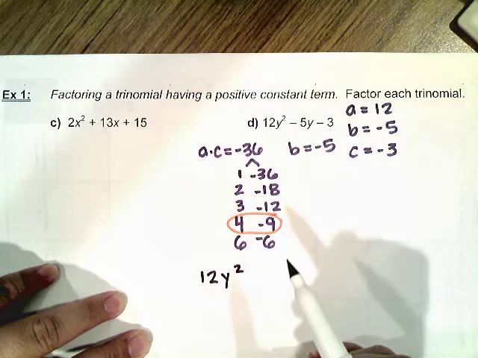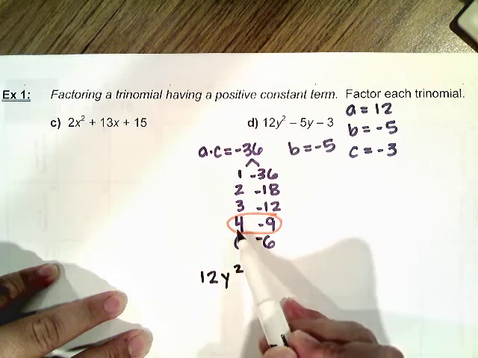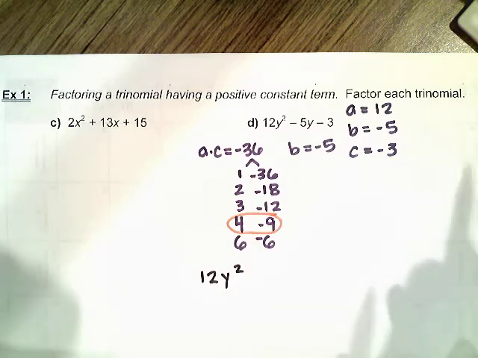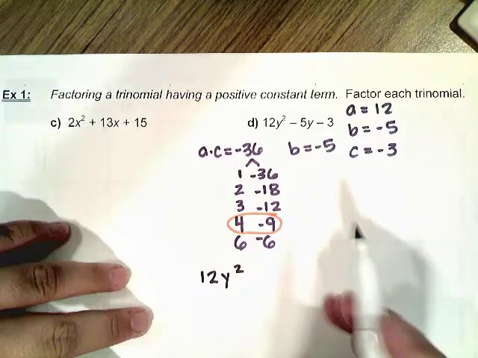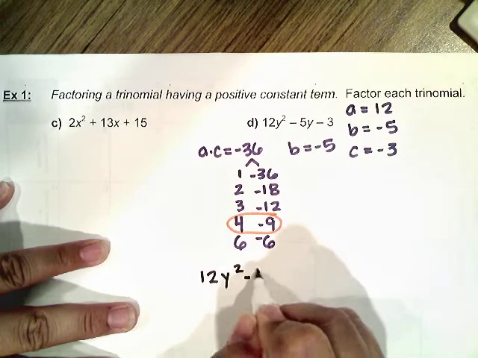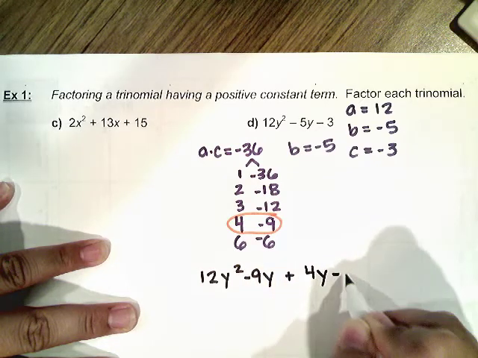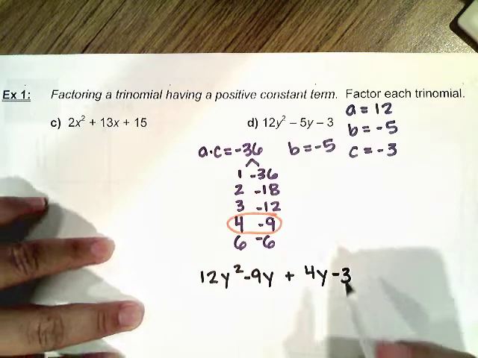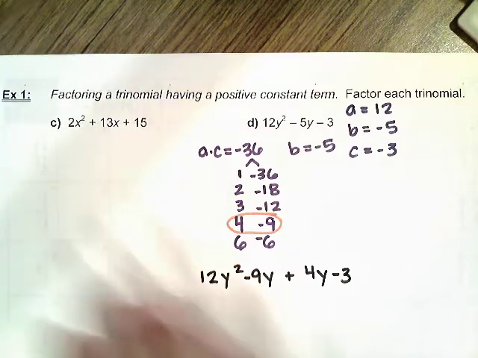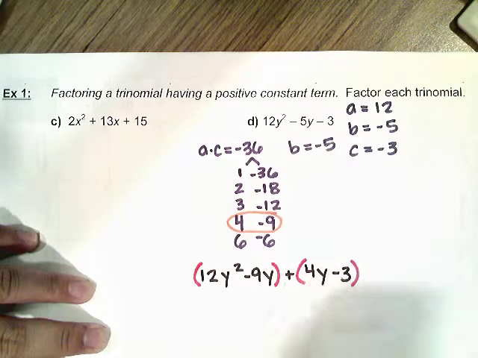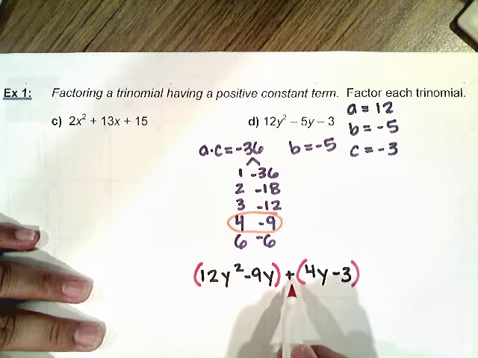Now in all of our problems we've been putting this number first and then this number second, and that's not necessarily needed, right? We learned that we could go back and forth between which one goes in whatever spot. And so just to show you that, I'm going to put the -9y first and the 4y second. And this actually serves a dual purpose, because since we have 4 terms and we factor by grouping, now we have a plus in the center.